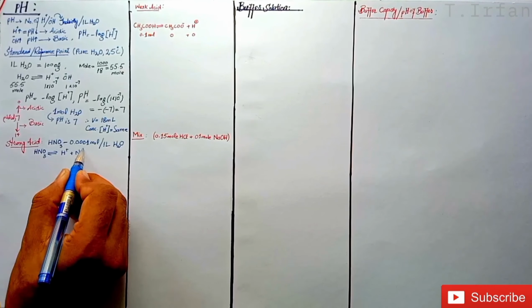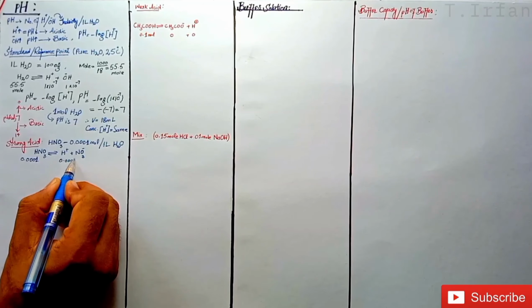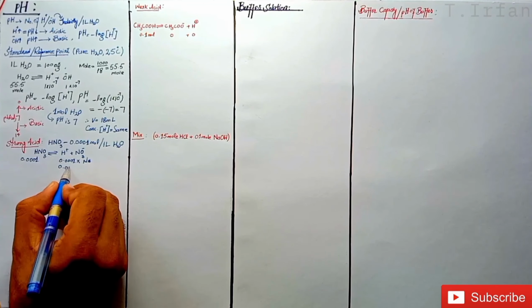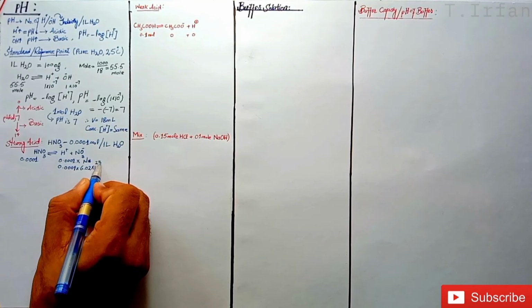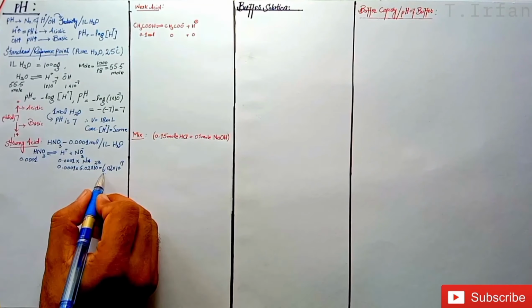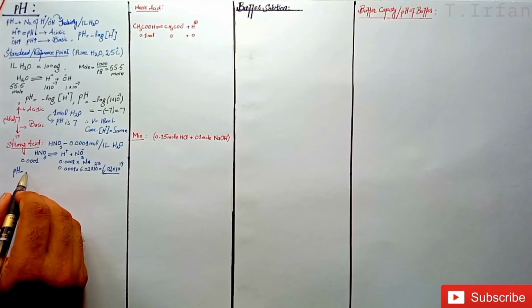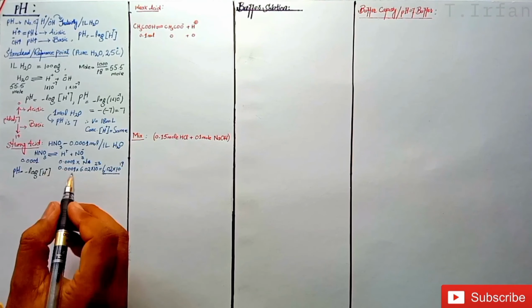So 0.0001 mole of nitric acid gives the same amount of hydrogen ions. We can also find out the number of hydrogen ions, which are trillions. Now, as we know the number of moles of hydrogen ions, or concentration of hydrogen ions, we can calculate the pH of that aqueous solution.